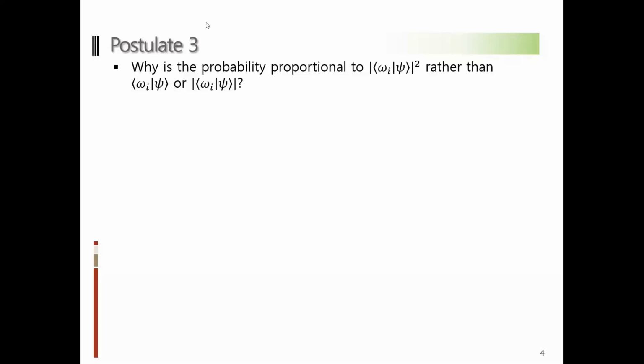When I learned about the third postulate, the first question I had was why the probability should be proportional to the magnitude squared of these coefficients, rather than just the coefficient or the magnitude only. So let's think about an example related to this.